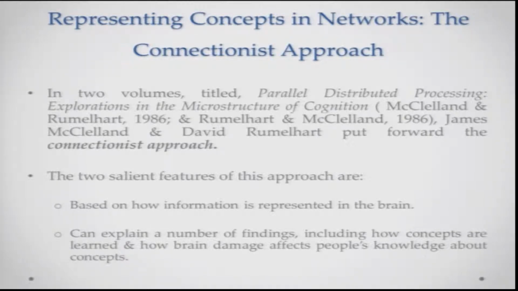The authors were James McClelland and David Rumelhart, and they began what is called the connectionist approach to cognition. They have worked on various aspects of cognition, but in today's lecture we will be focusing on how these connectionist networks represent or store concepts and categories.